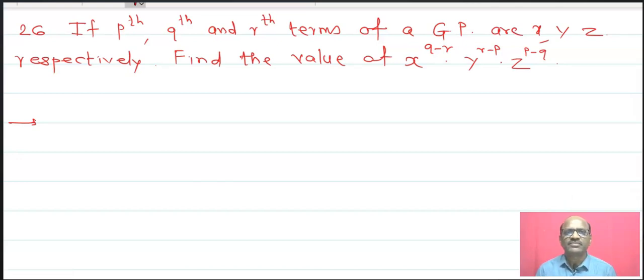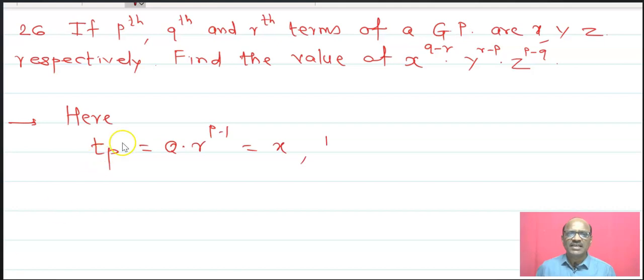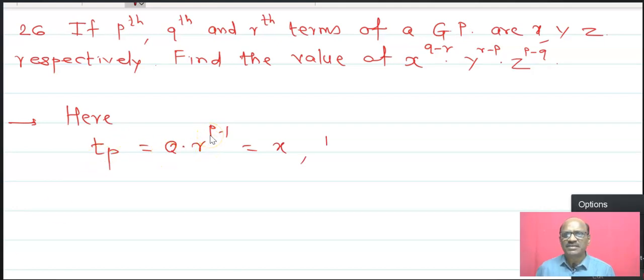The pth term, qth term and rth term of the GP are x, y, z. These are the terms. Now here we will apply the formula t suffix n is equal to a into r raised to n minus 1, where n is replaced by p, and the value of the pth term is equal to x.